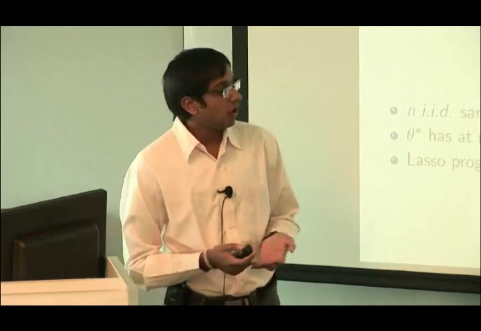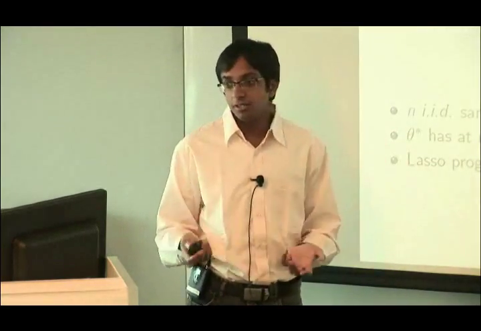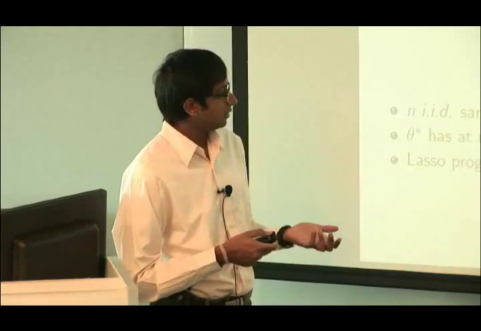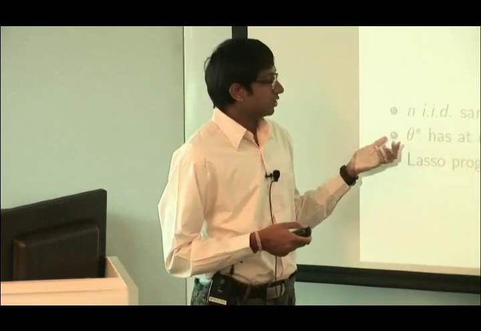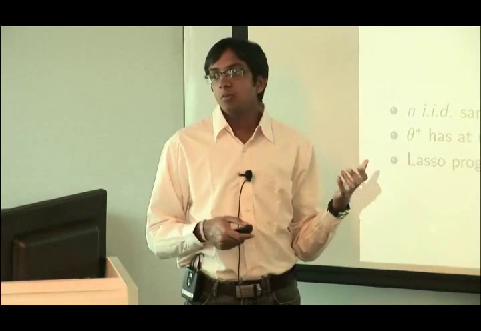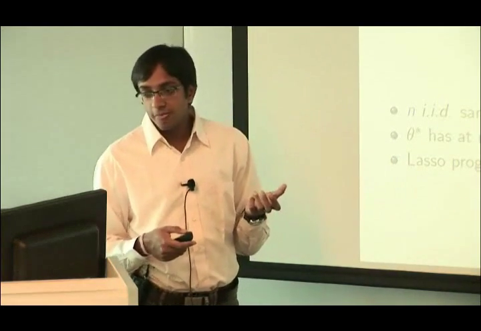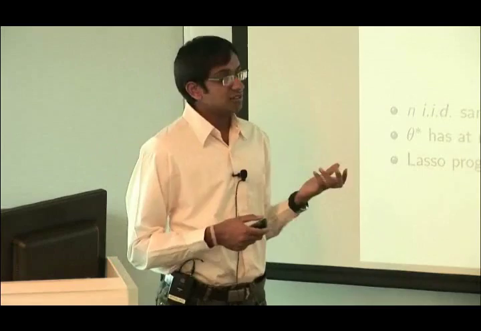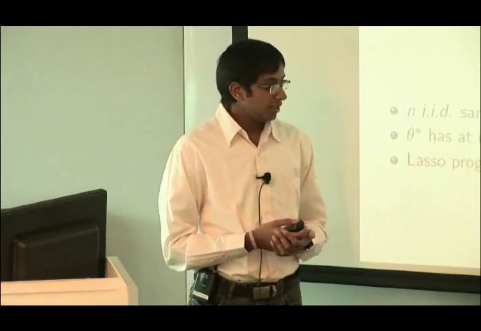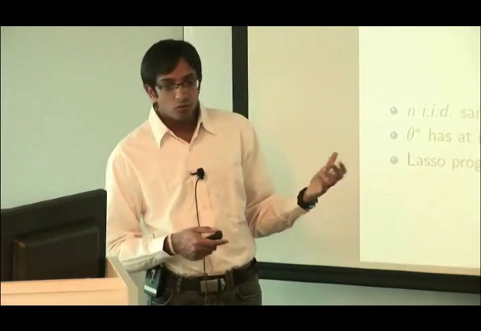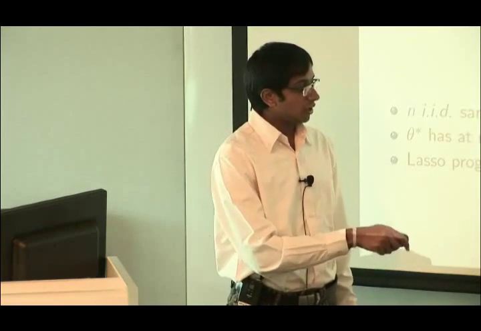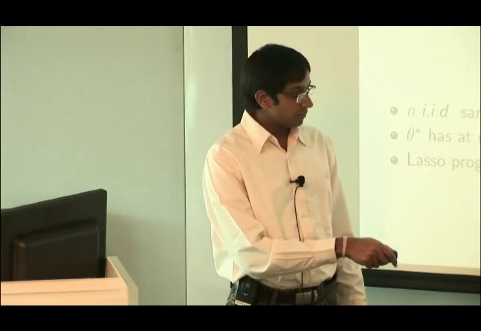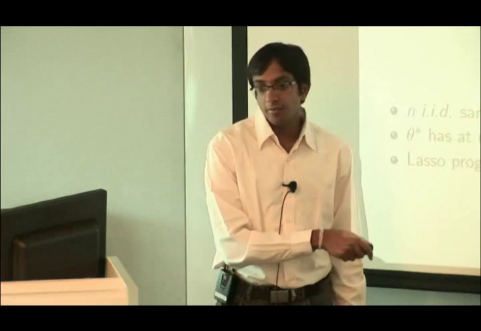And because we are in a high dimensional regime, we need to make certain structural assumptions. So in particular, in this case, we assume that theta star has at most s non-zero entries. And in that setting, an estimator a lot of people have looked at is the so-called Lasso estimator, where you try to minimize a least squares loss on the data samples subject to an L1 constraint on the parameter.